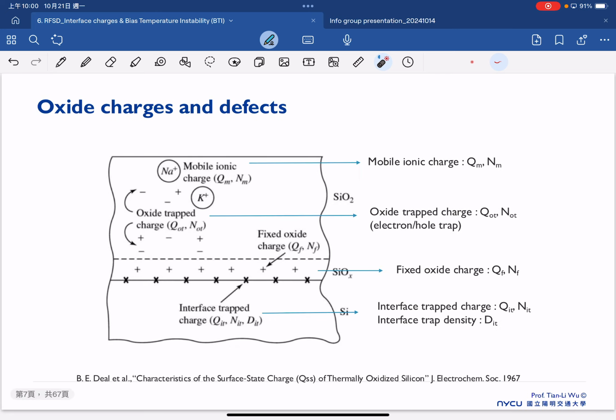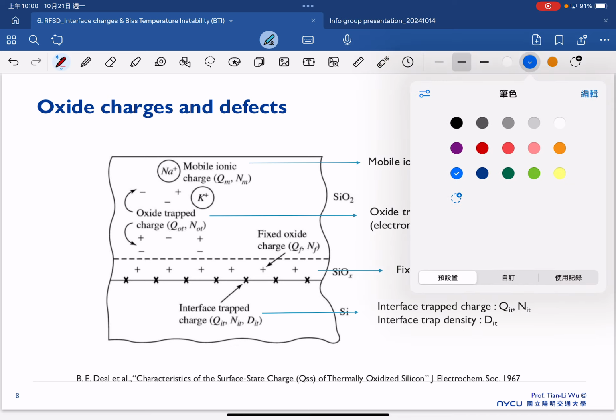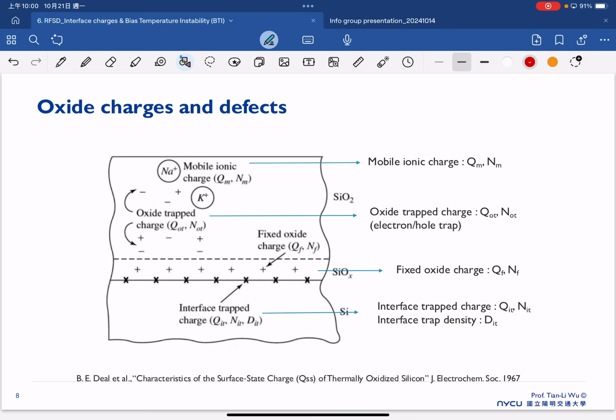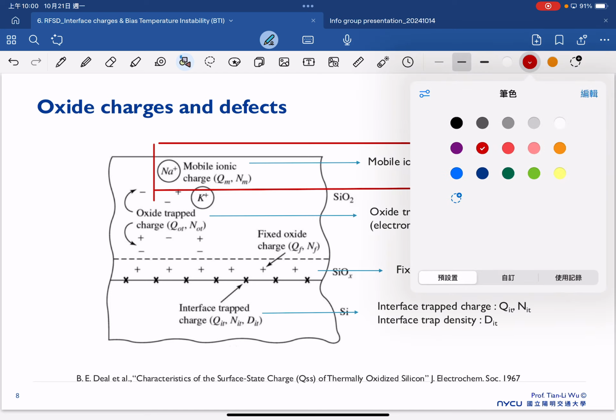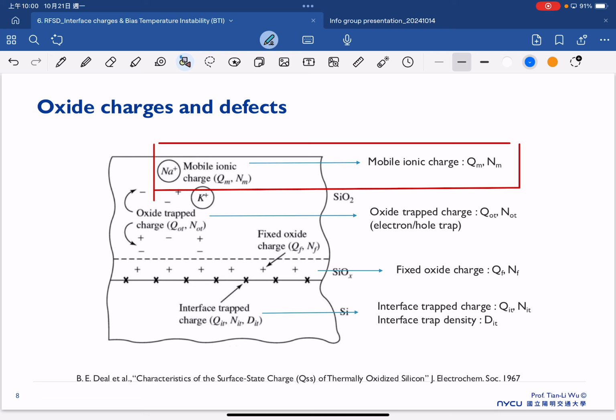And here is a schematic for these four different types of charge. If we look from the top to the bottom, the first one is the mobile charge. The second one is the oxide trap charge, which is in the middle inside the dielectric.